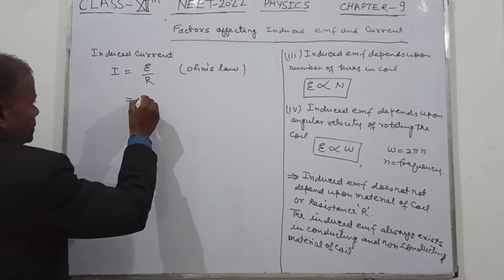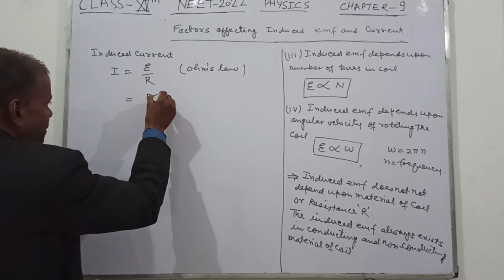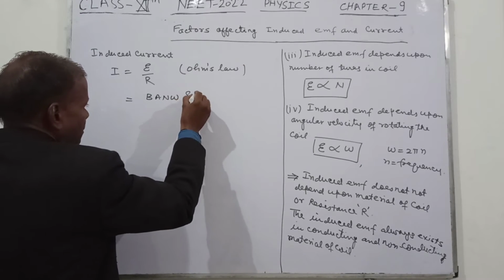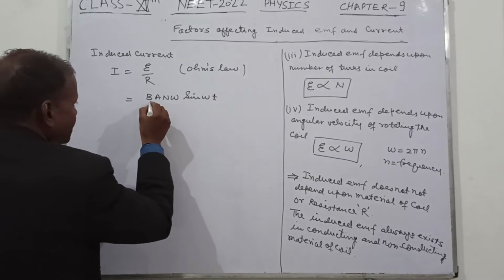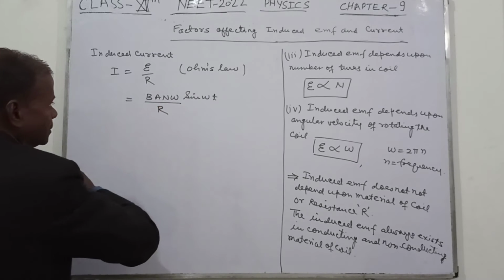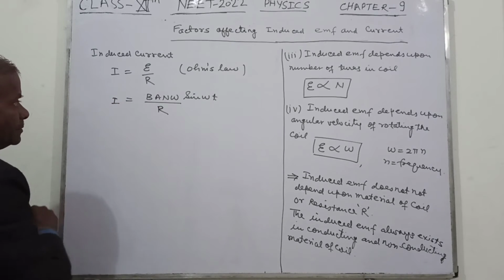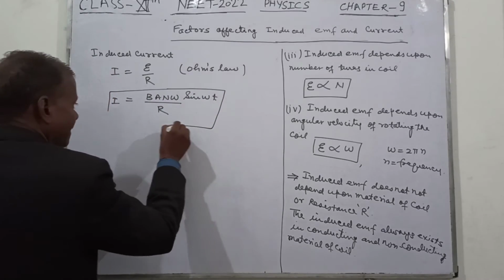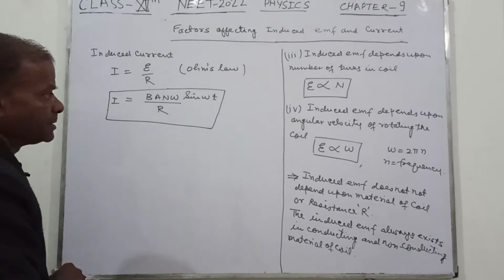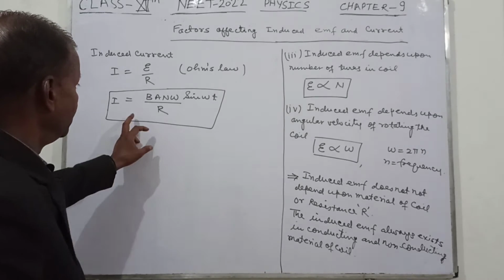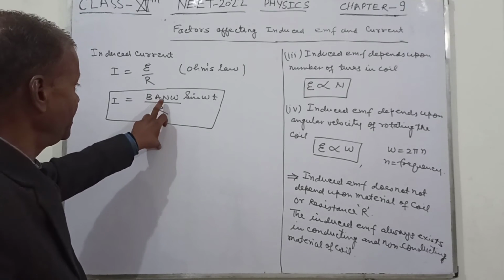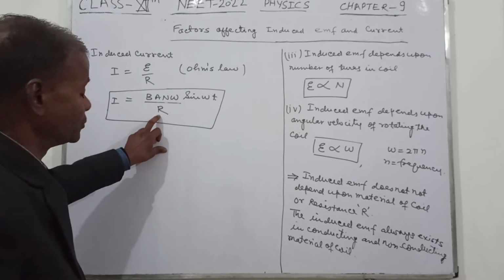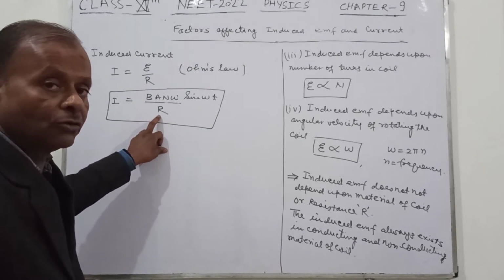So this E is equal to B A N omega sin omega t, upon R. This is equal to I. It means that induced current depends upon the magnetic field, area, number of turns, the angular velocity, and also the material of the coil.